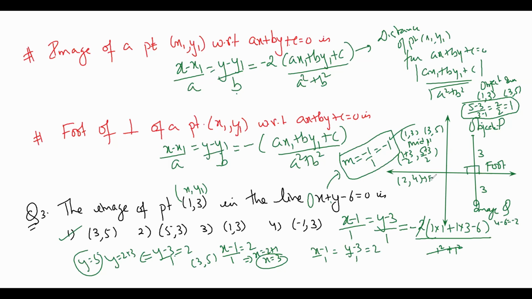This is what? Foot. And this foot is on the line. Foot is always on the line about which you have to find the image. So just check whether this foot is satisfying the equation. I put x equal to 2 and y equal to 4 in the equation, and this point is satisfying. Therefore both the conditions are satisfied here, therefore my image is the first option.